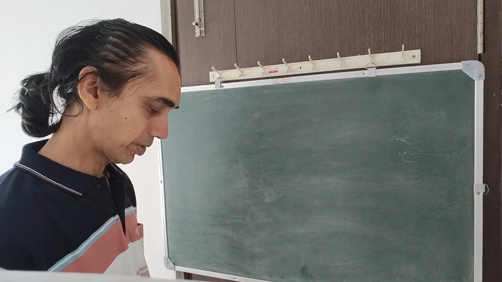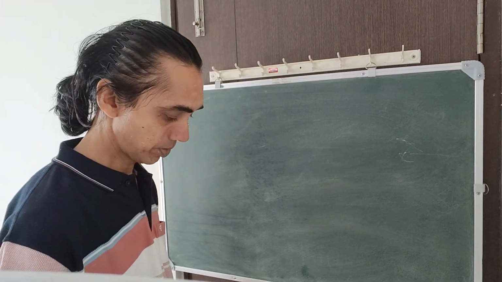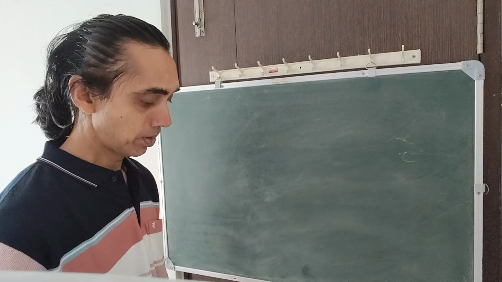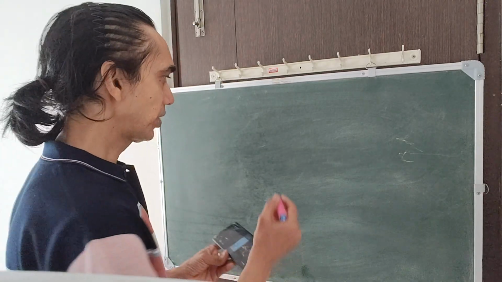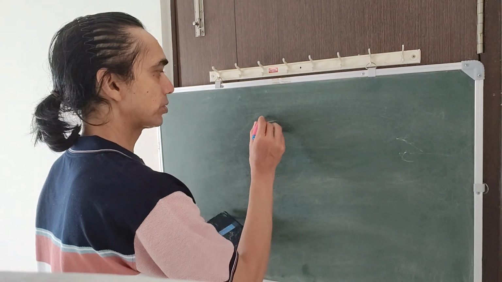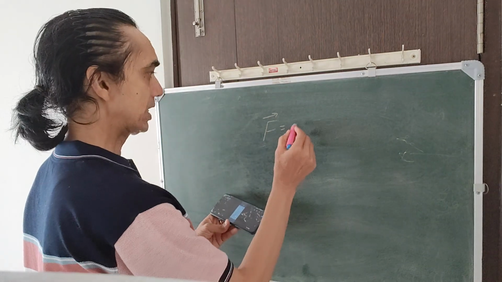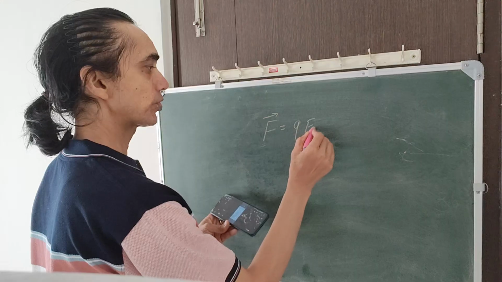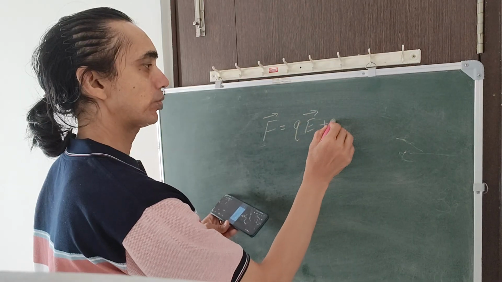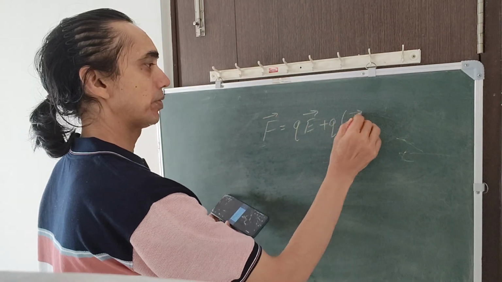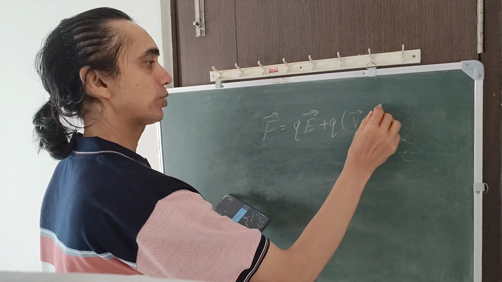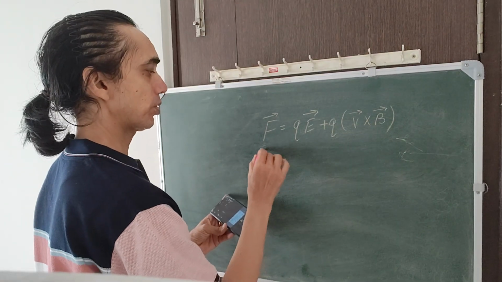So the author says that F is equal to QE, that is the Lorentz force we call, QE plus Q into V cross B. And you are to assume F to be 0, net force to be 0.